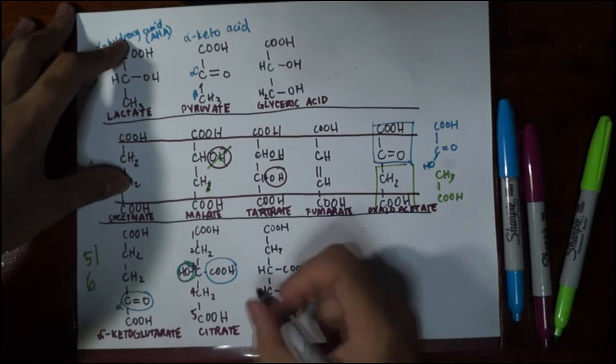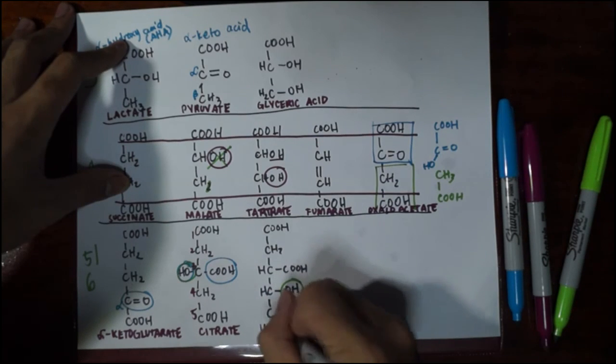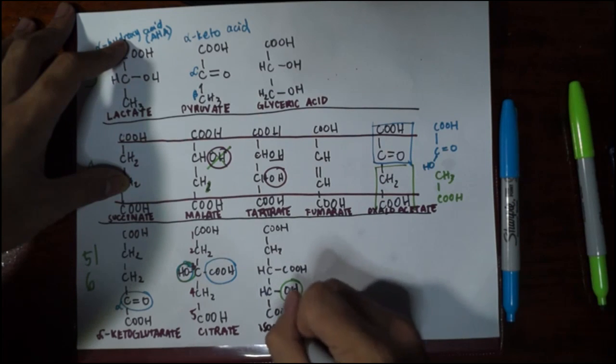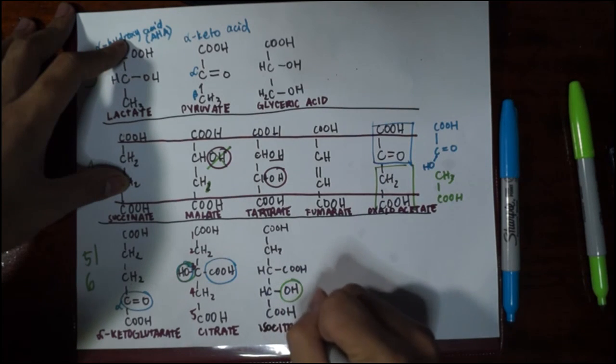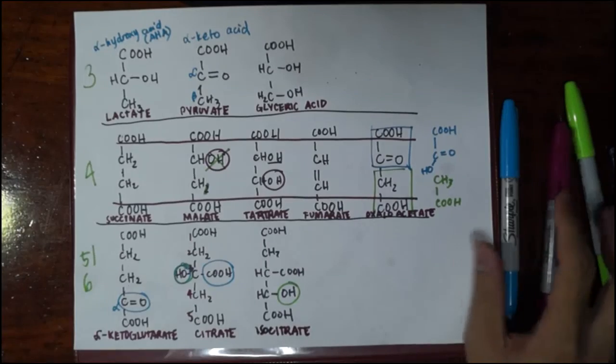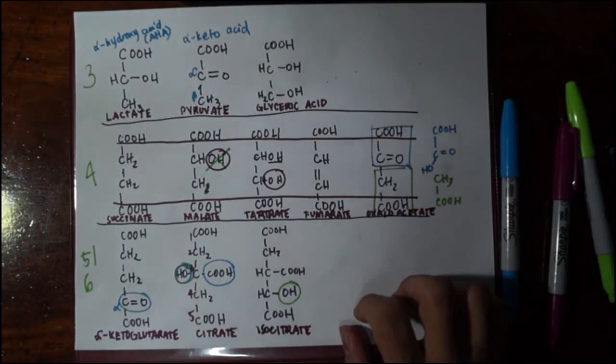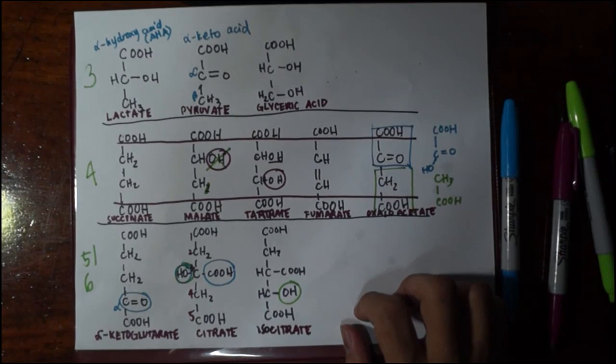The name of this compound is isocitric acid, or isocitrate. So with that in mind, let's go to the next parts of catabolic pathways.